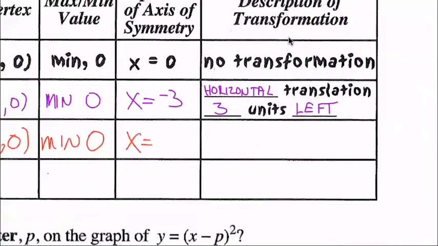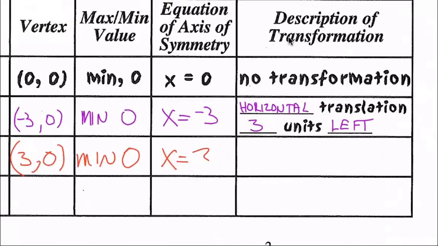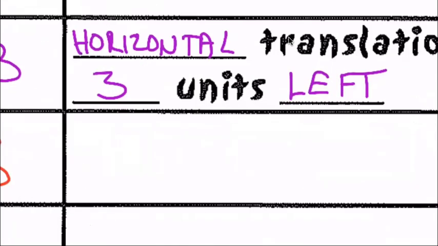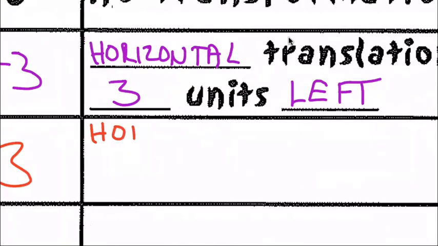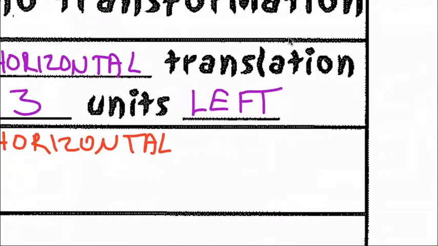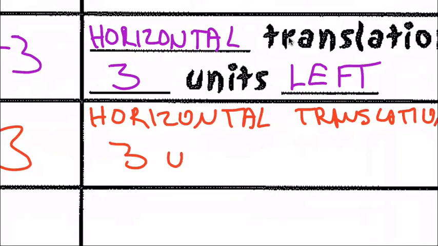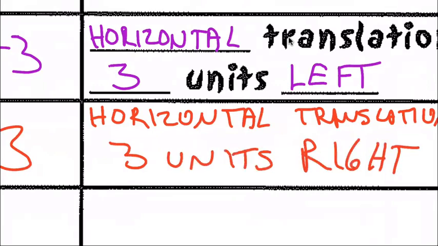X equals 3. Here we have a horizontal translation three units right.